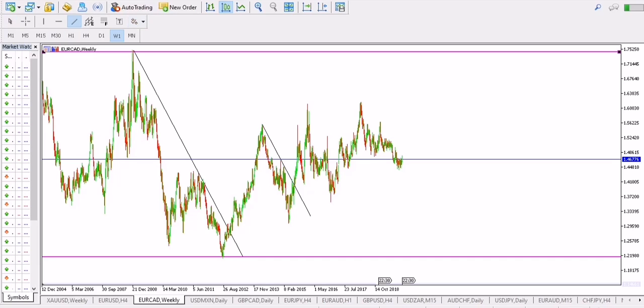So we can actually see that the market repeats itself a lot of times. There's a lot of movements that you're gonna see being repeated over and over again on whatever currency pair that you're gonna be trading at that time.